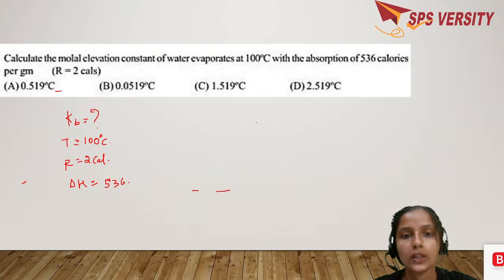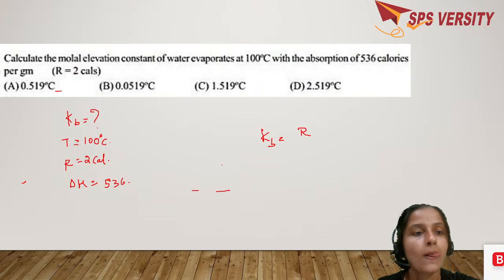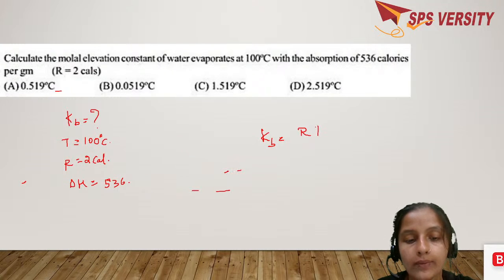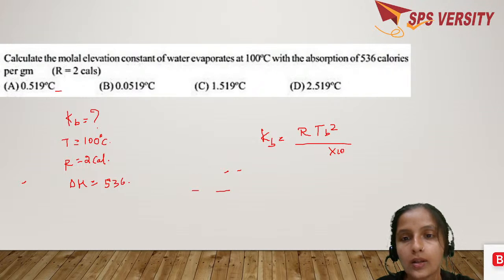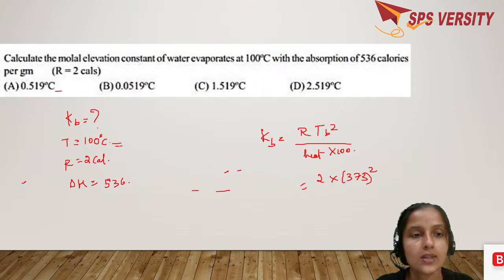To find this, you're going to apply the formula Kb is equal to R T square divided by the heat. So R is 2 calories they have given, times the temperature square, 100 degrees Celsius, you have to convert it into kelvins, 373 square, since it's in calories.